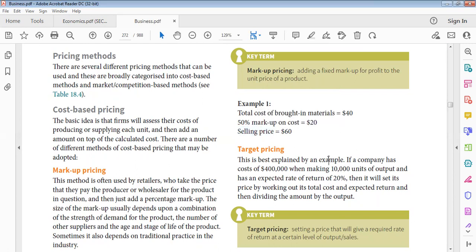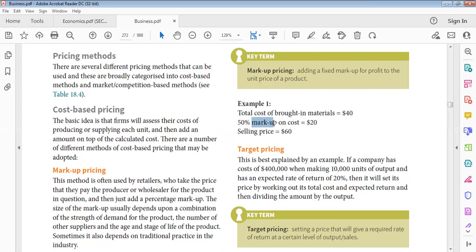Instead of 50%, let's say the owner said we want a markup of 10%. In that case, what would be the selling price? It will be less. How do I calculate it? You just find 10% of 40.